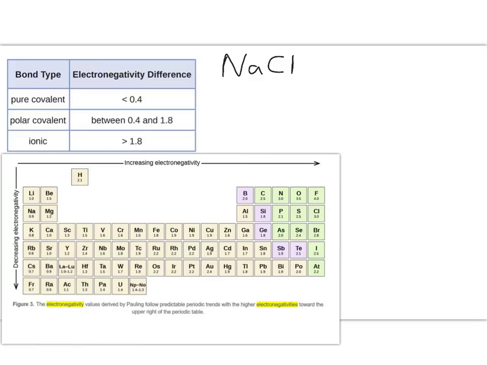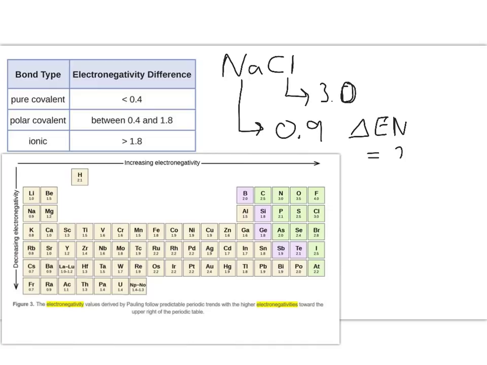Well, now, using electronegativity, we see that chlorine has an electronegativity value of 3.0. Sodium has an electronegativity value of 0.9. And the difference in electronegativity, delta EN, is 2.1.